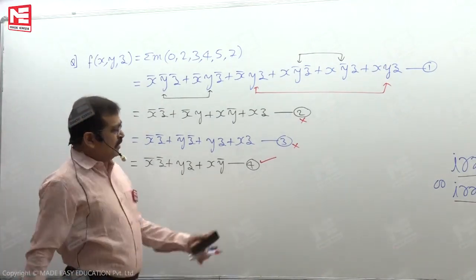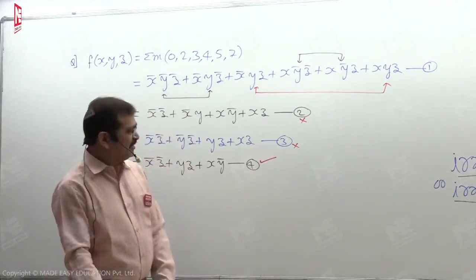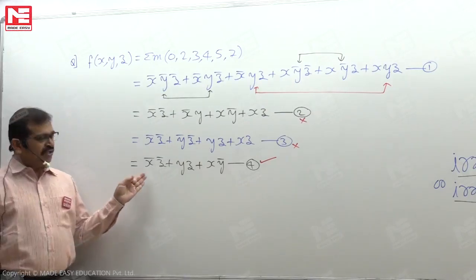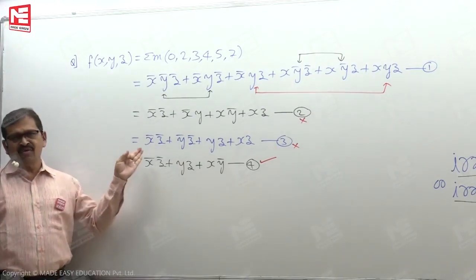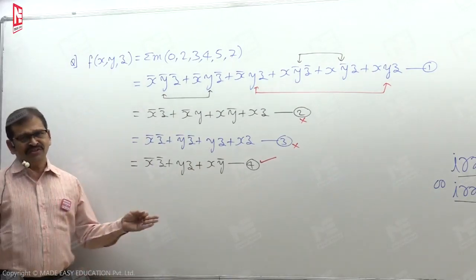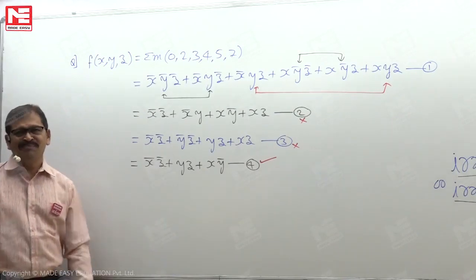Equation 2, equation 3 and equation 4 are all irredundant expressions. But as far as the realization of the function is concerned, equation 4 has a speciality over equation 2 or 3. So the irredundant expression 4 must be given a new name.